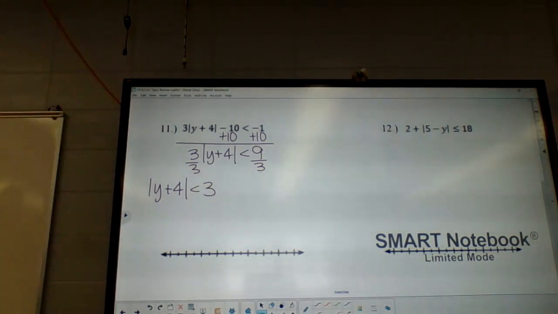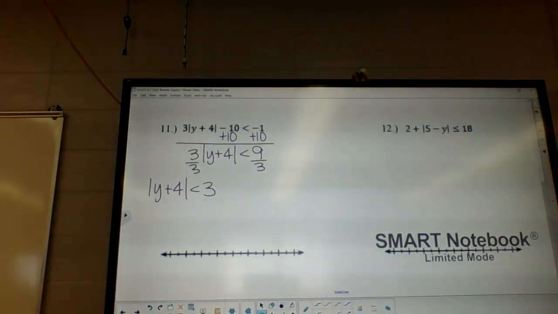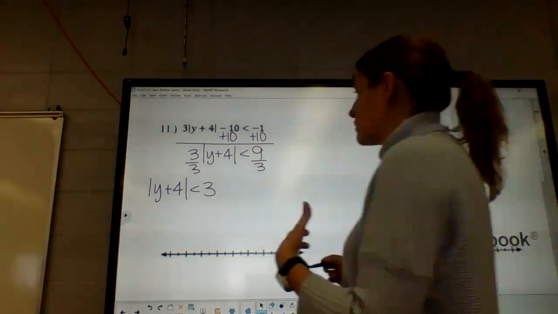So this is the equation that we're going to solve. Before we set up our two equations, we're going to first get that alone. Now we're ready to set up the two inequalities.